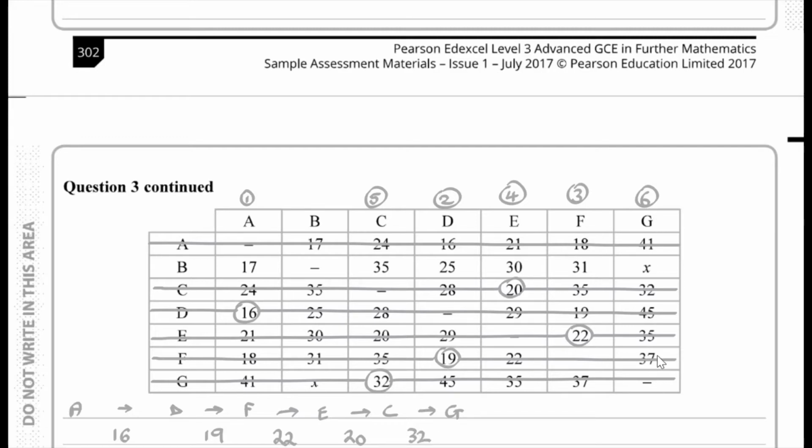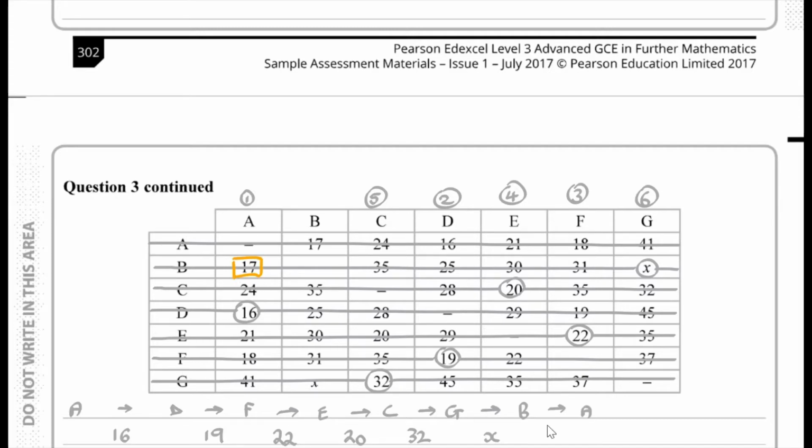We look down G, the one that's left is this X over here, and that goes to B. Okay, and then from B, as with the nearest neighbour algorithm, we go back to A. So let's delete all this, and if we go back to A, BA, that corresponds to 17.